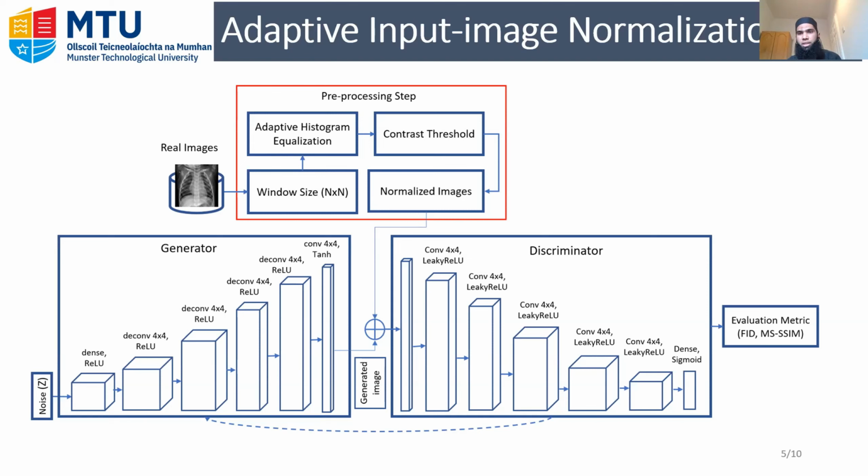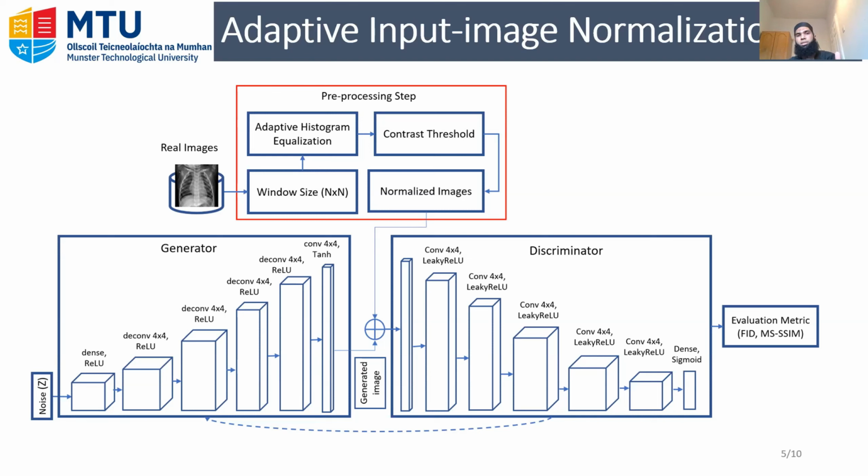Actually, this technique divides an image into non-overlapping windows, and normalizes the histogram of all those windows using a contrast threshold. And we use this technique before the DCGAN, and we use empirical analysis of different values of parameters such as contrast threshold as well as window size to see which kind of parameters perform better in order to generate diversified synthetic images.